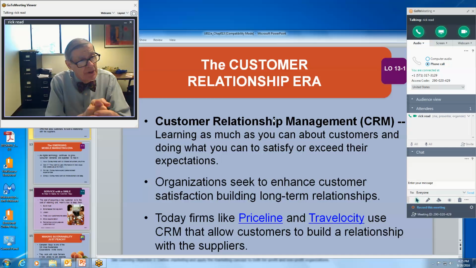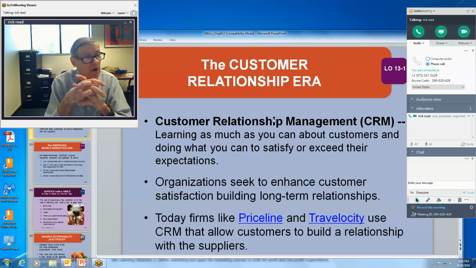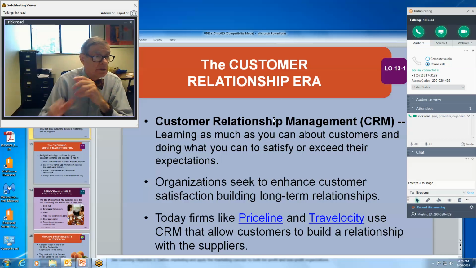That's the same thing here, because you want to know what the customer wants, and then you want to be able to deliver that so that customer gives you repeat business. And that repeat business isn't just tomorrow and the next day and the next week, but it continues year after year after year. And the last bullet talks about a couple of companies, Priceline and Travelocity, that develop long-term relationships with customers to get them to return.